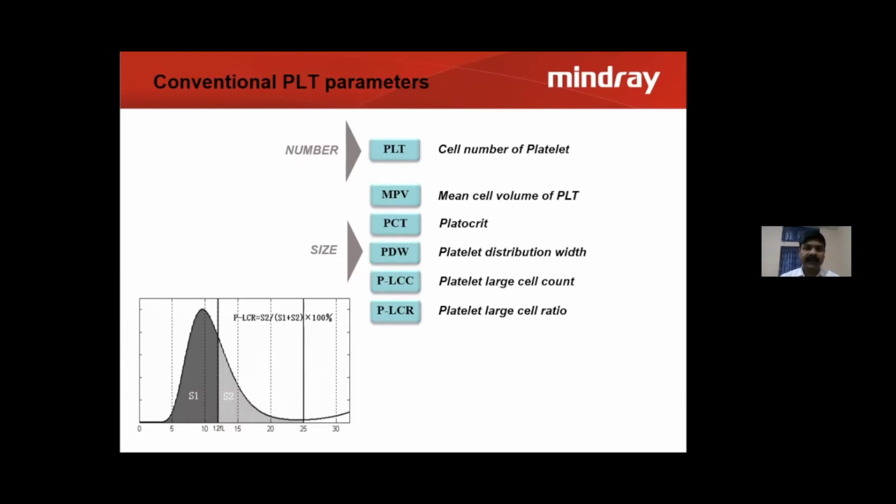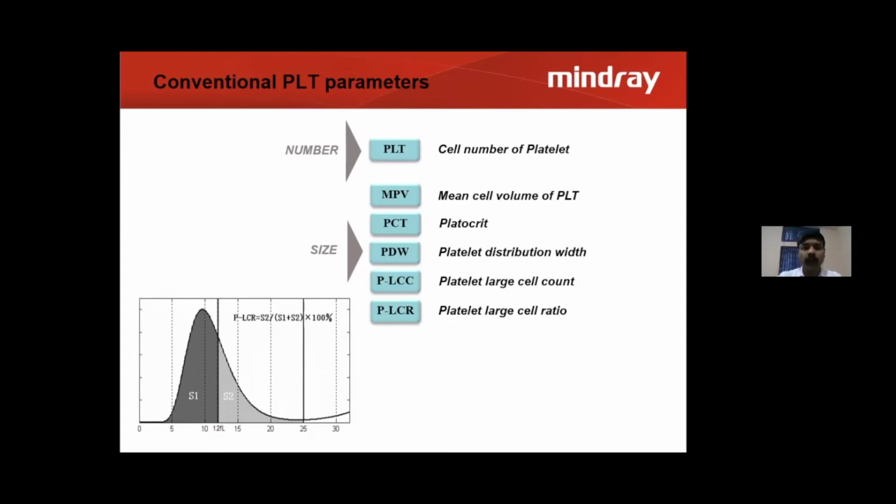So the conventional parameters are the platelet count, the mean platelet volume and the platelet larger cell ratio. Maybe you can describe it as platelets having a size more than 12 femtoliters. So this will give you an indirect idea of the presence of giant platelets or the mega thrombocytes.